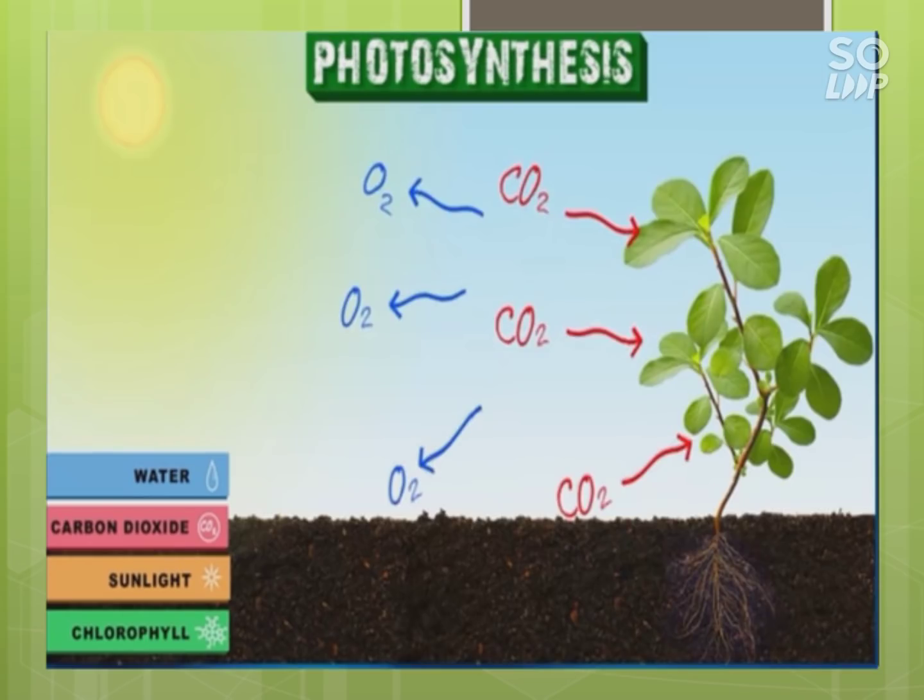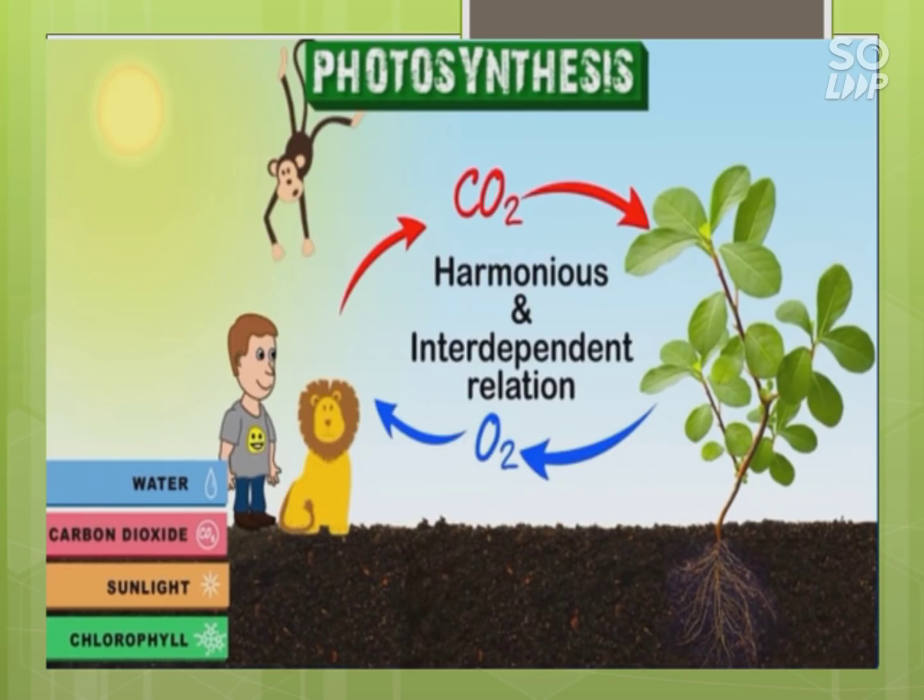In this entire process of photosynthesis, did you know that plants, along with the glucose that they make for themselves, also give out oxygen in this process? It takes carbon dioxide but gives out oxygen. And this oxygen is useful for animals and humans for survival.